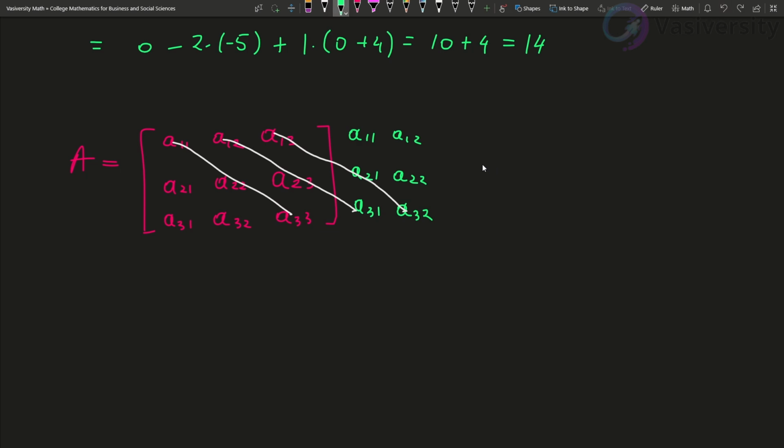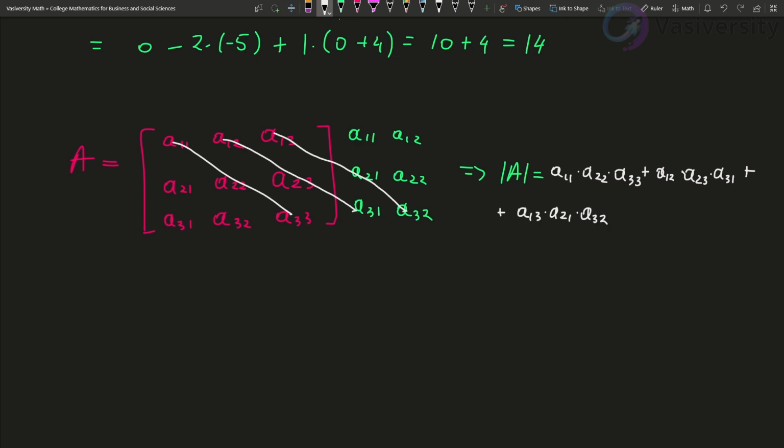So the determinant of A is going to be A11 times A22 times A33, plus A12 times A23 times A31, plus A13 times A21 times A32.